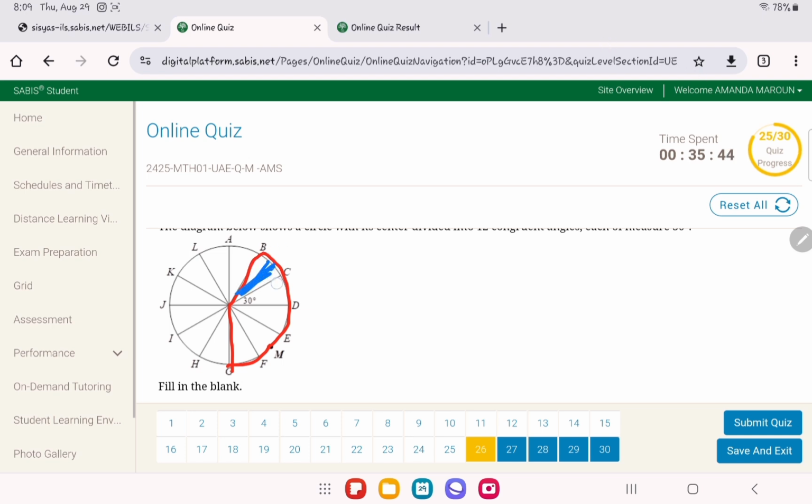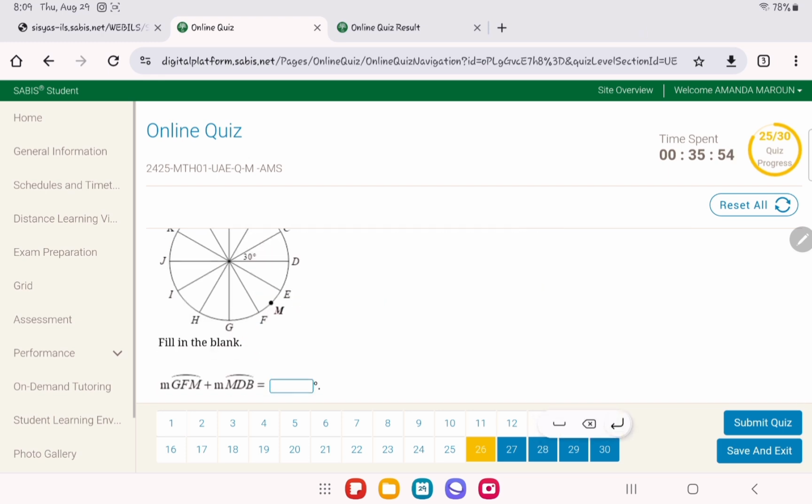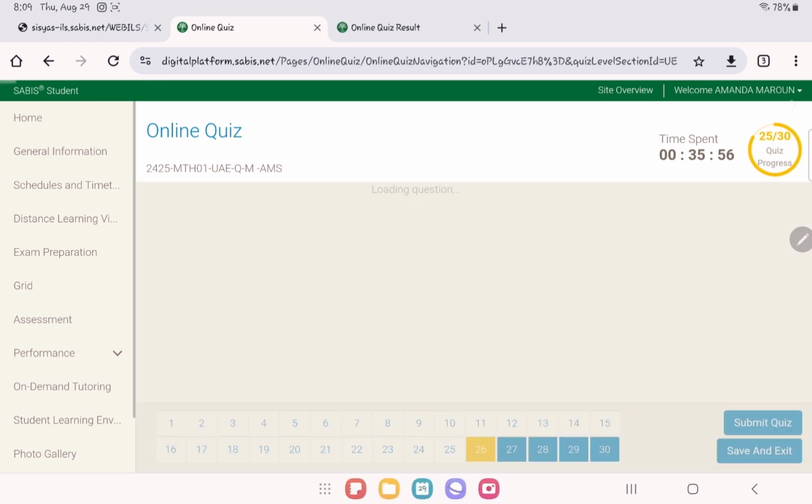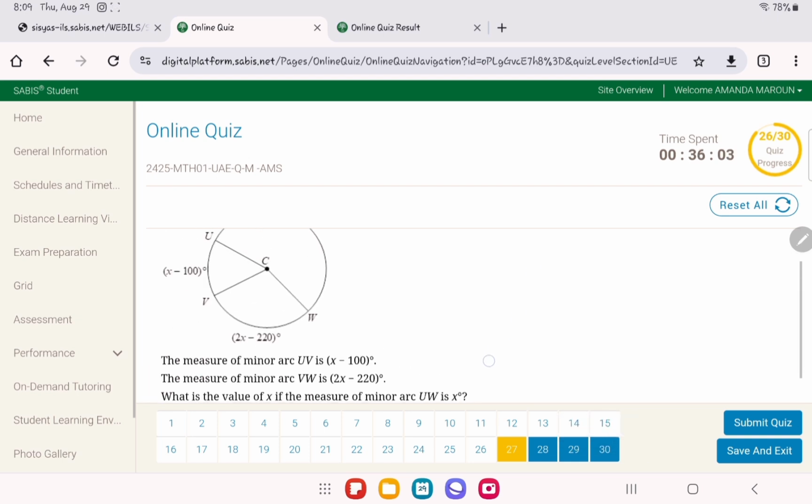This is 1, 2, 3, 4, and 5. So 5 times 30 degrees gives us 150 degrees. So 150 degrees.